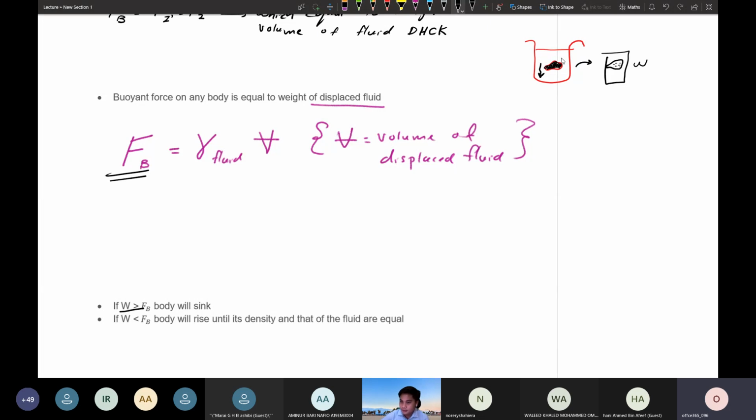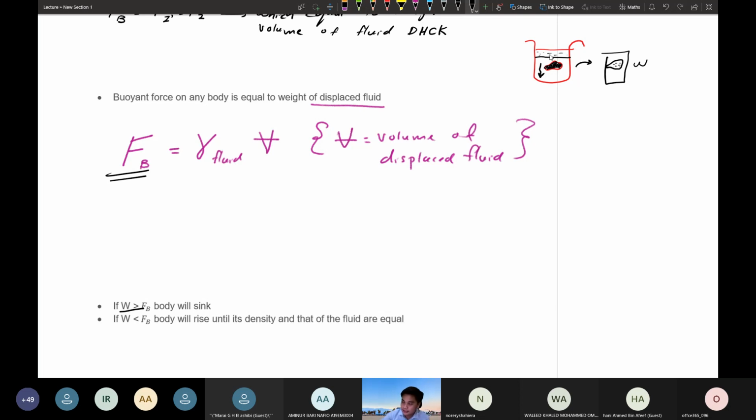Understand? Okay, so we can see here, this is oil. Because of the buoyancy force, it separates the density of the oil from the density of the water.